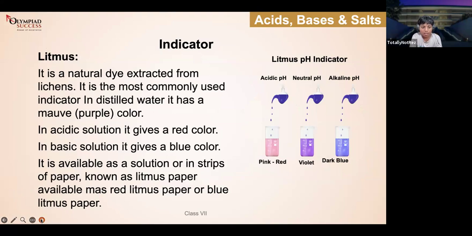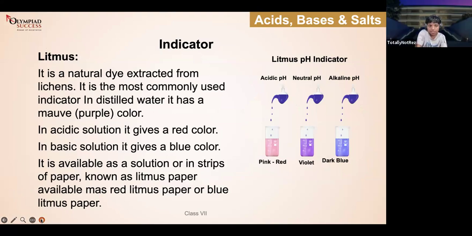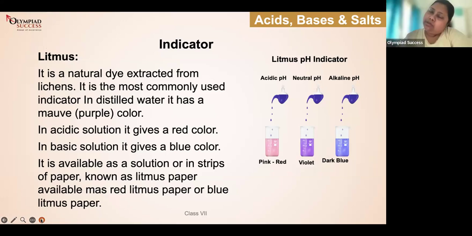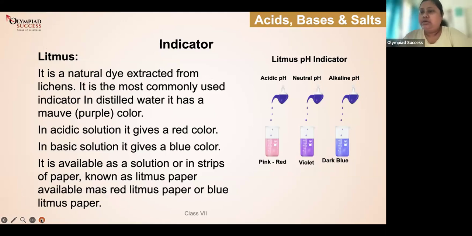Then write about China rose: it turns magenta with acids and green with bases. Then litmus. When you're writing litmus, in brackets write down extracted from lichens.